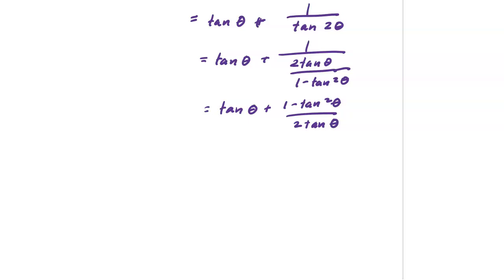Or I'm going to try to break the numerator up. There are multiple ways to solve this, but because then I would have to have a 2 tangent, this first term is going to have a 2 tangent square theta, which is fine.